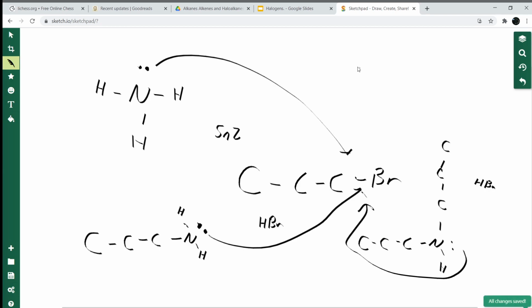Okay? Which means that we can end up having a tertiary one as well. Okay? And this is going to have the waste products of HBr.